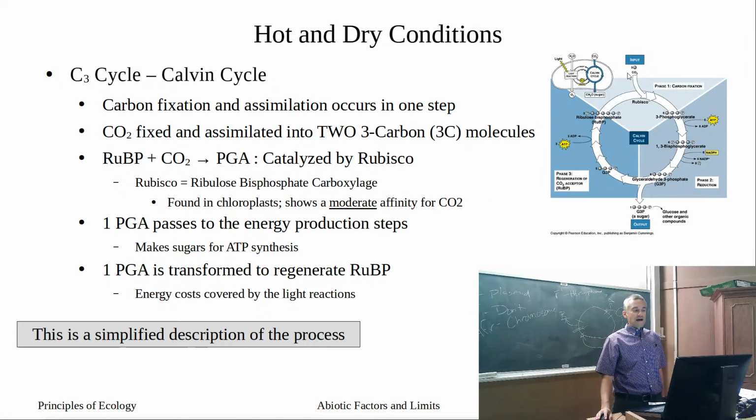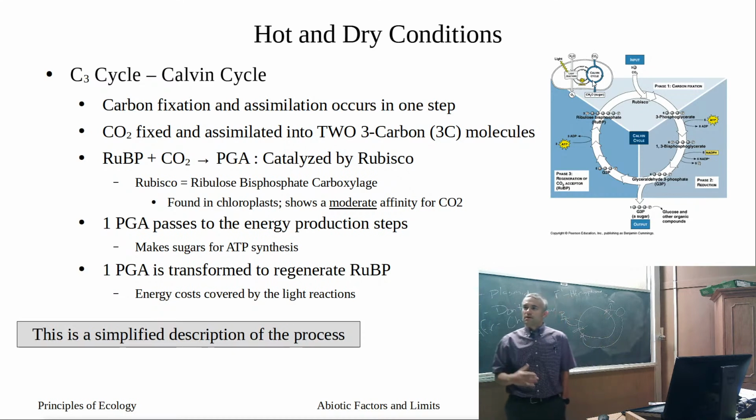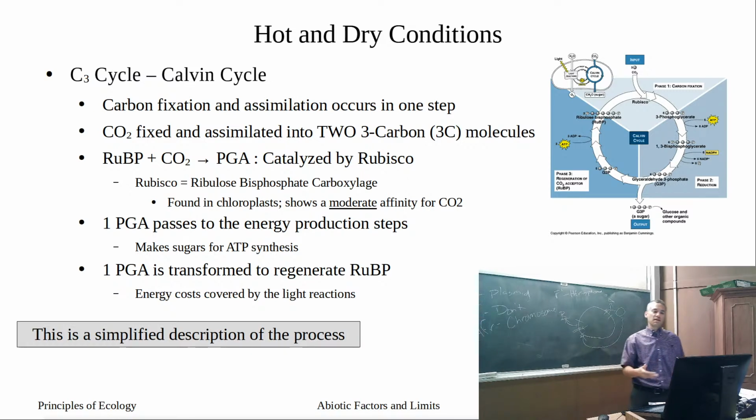The downside of this is that Rubisco doesn't have a very high affinity for CO2. As the stomata close and gas exchange stops, Rubisco will proceed until the concentration of CO2 falls below the compensation point.